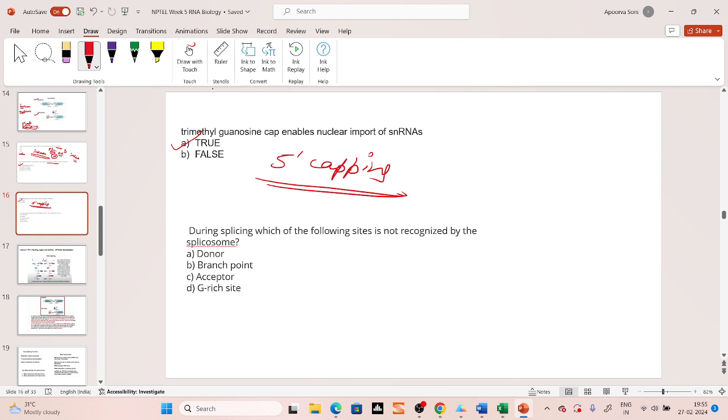Then during splicing, which of the following sites is not recognized by the spliceosome? Donor, branch point, acceptor, and G-rich site. Which of the following is not recognized by the spliceosome?